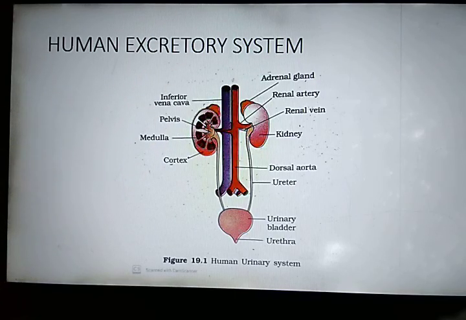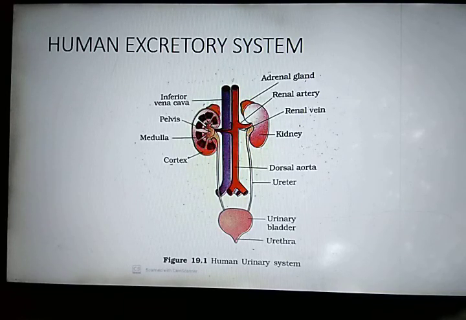So renin, which is released by the JG cell, converts inactive angiotensinogen into angiotensin 1, then into angiotensin 2. Angiotensin 2 acts as a powerful vasoconstrictor and causes constriction of the efferent arteriole.